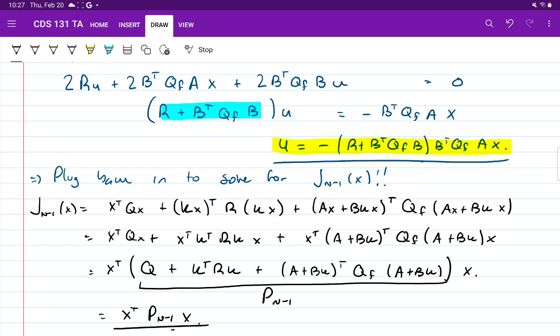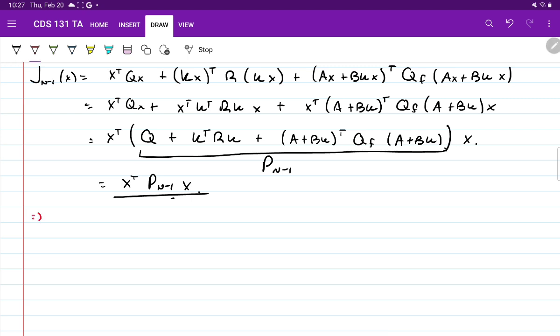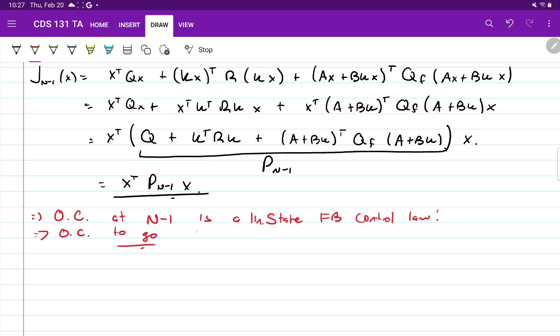What I've shown is that my optimal control at time n minus 1 is actually a state feedback control law, or linear state feedback control law, okay? And then my optimal cost to go at time n minus 1 is a quadratic form, okay?